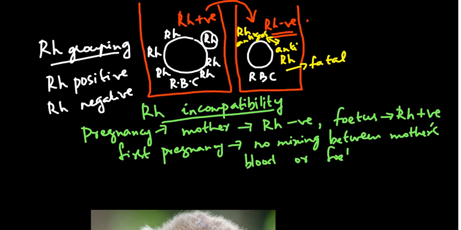But during the delivery stages, the placenta, now this is the placenta, is supplied with the mother's blood, and it is connected to the baby.